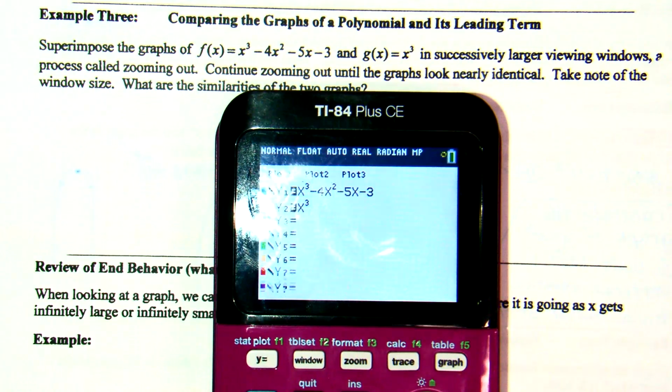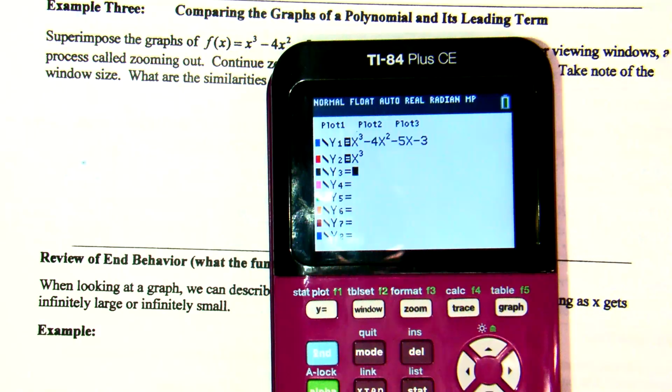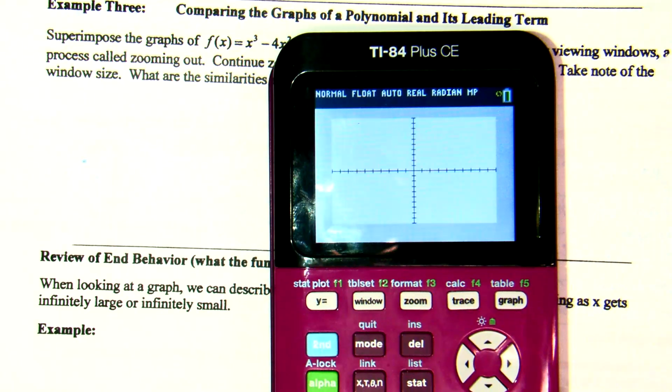My calculator, the graph window is messed up. Can you just do a Zoom 6? I don't think a Zoom 6 would fix this. Clear it and then clear it. I'll look at it here in a moment.